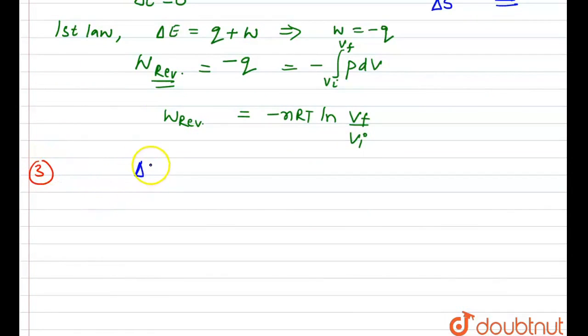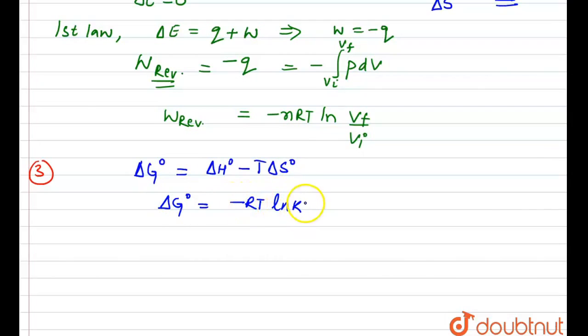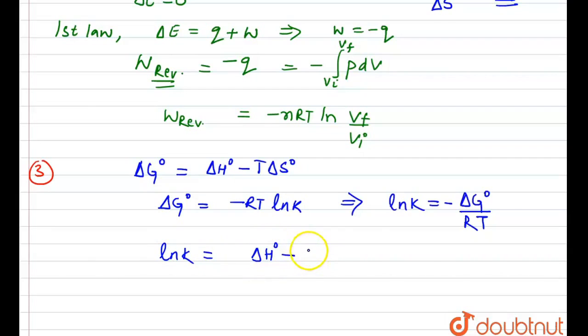We know that delta G naught equals delta H naught minus T delta S naught, and we also know that delta G naught equals minus RT log of K. So from here log of K comes out as minus delta G naught divided by RT, and here we have a negative sign.